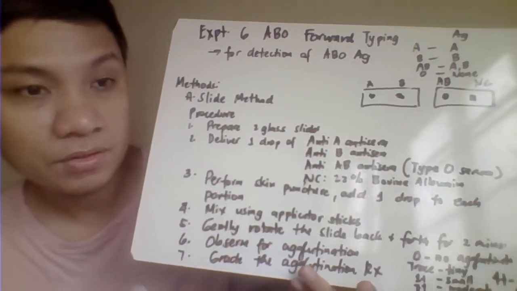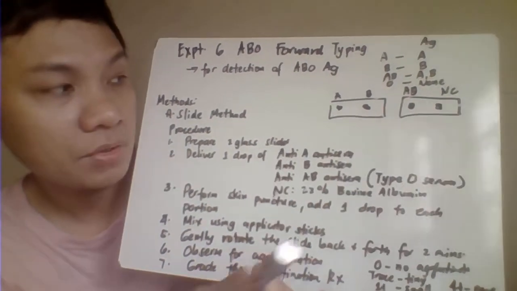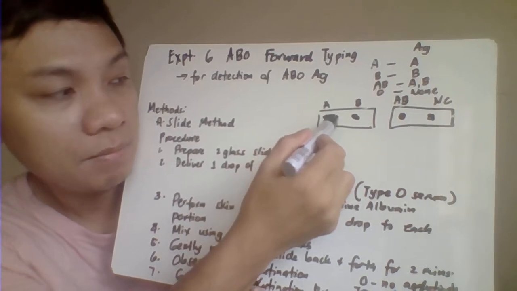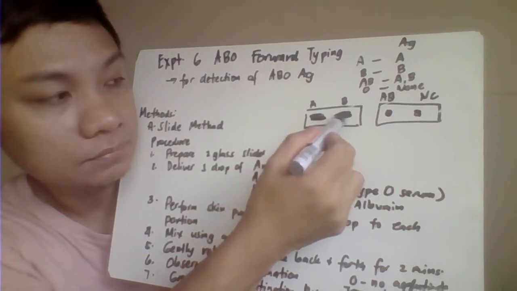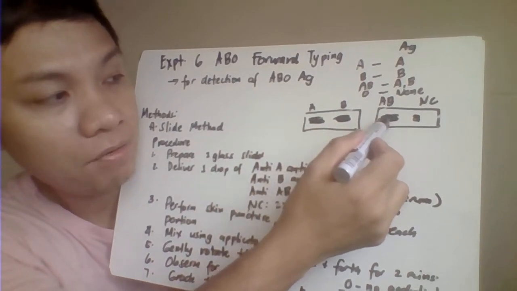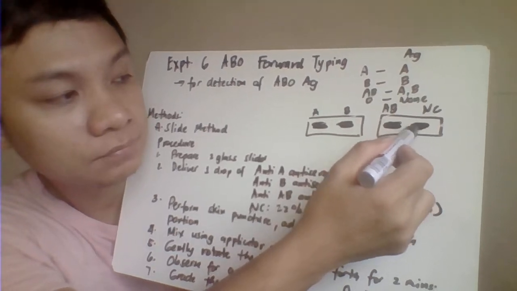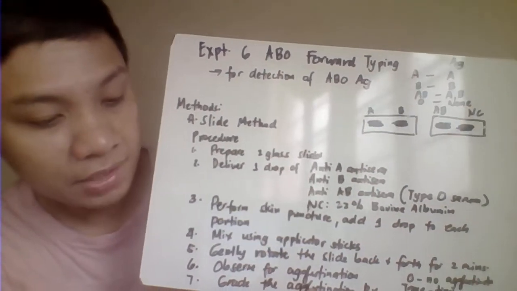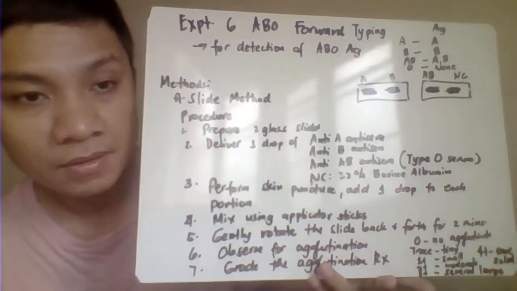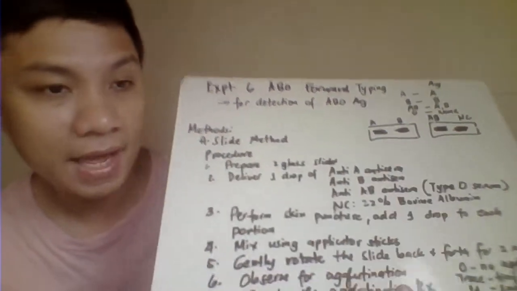And after that one, you try to mix with your applicator sticks. Okay, so we mix like this, so that it spreads. Then after that one, you try to gently rotate the slide, like this.